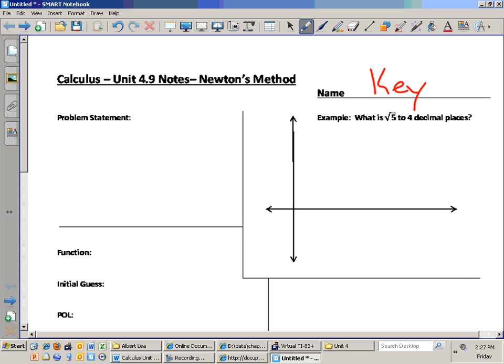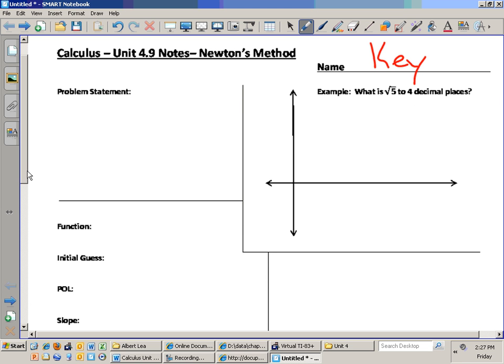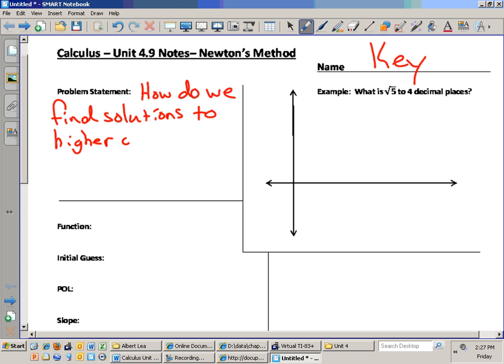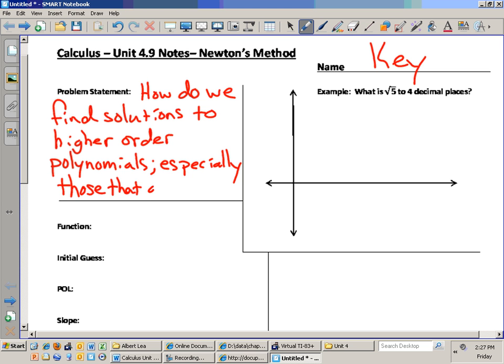So anyway, today we want to cover a topic on Newton's method, and really the problem statement is as follows. How do we find solutions to higher order polynomials, especially those that are irrational?